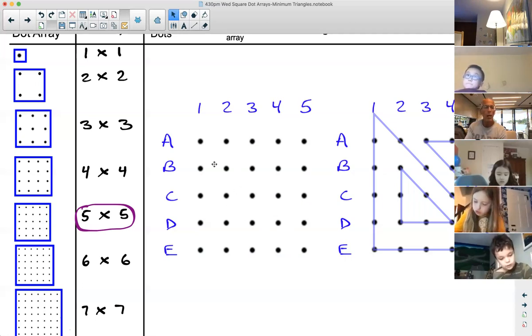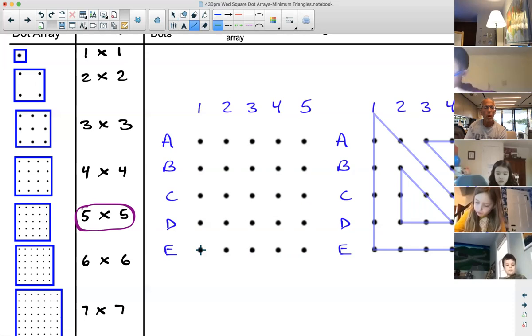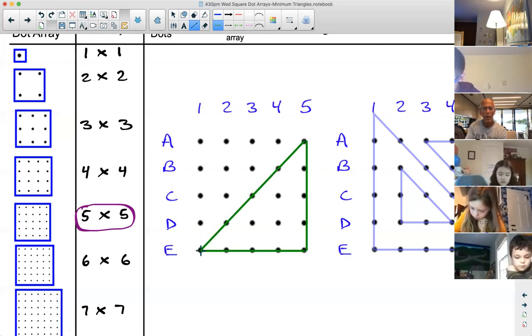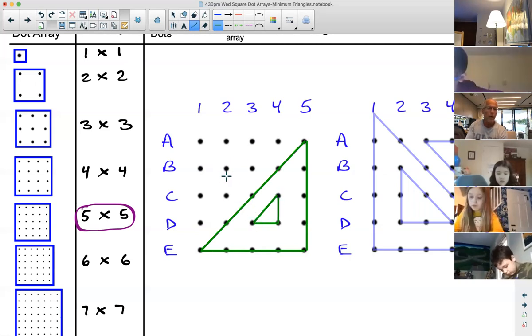And it's E1 to E5 to A5. E1, E5 to A5. And then you connect the E in here. And then there's a small triangle from D3 to D4 and C4. Yeah. But you're going to have the same problem with this guy.